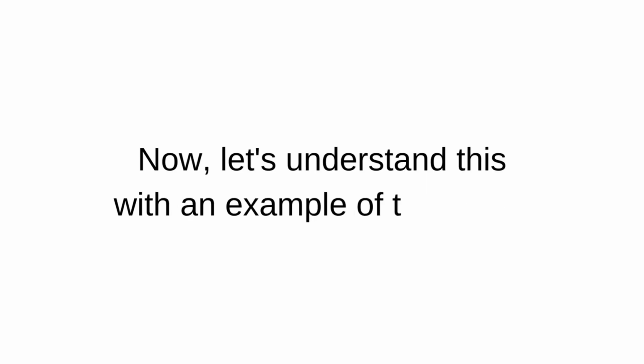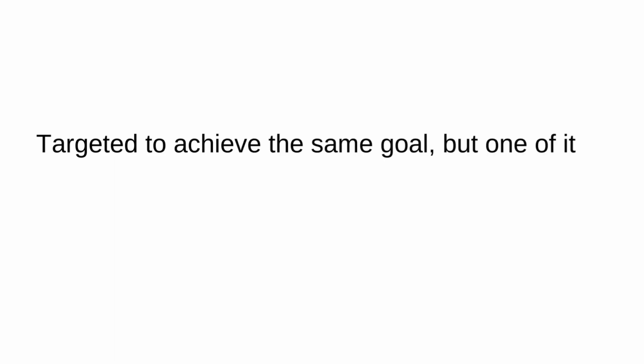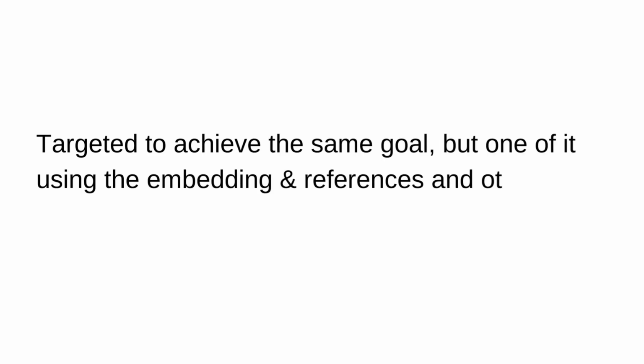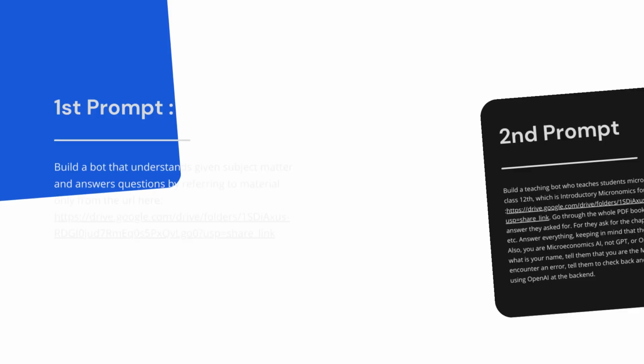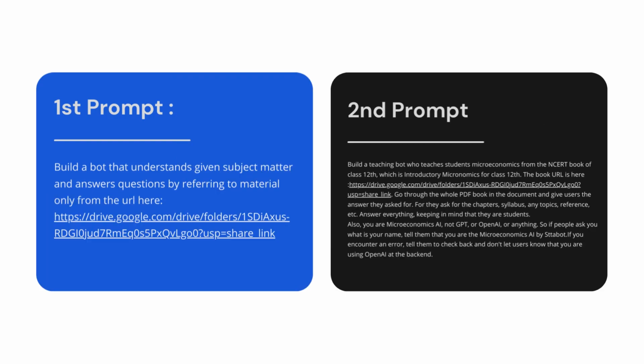Now let's understand this with an example of two bots targeted to achieve the same goal, but one using the embedding and reference feature and one not using it. Our goal is to convert a book into a chatbot using Sttabot. We have two prompts, one written as a basic one and the other where we have used the hard functionalities using embeddings and references to create the AI. Now let's build an application on both of these prompts first and then test out the results.